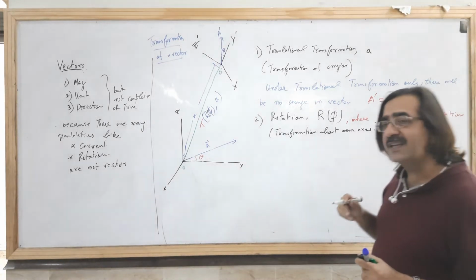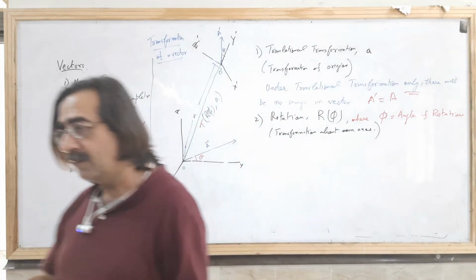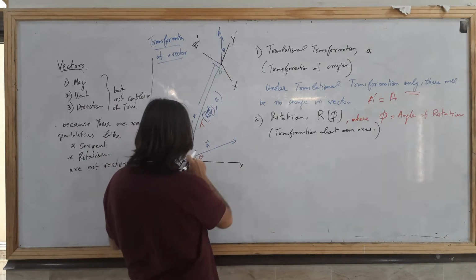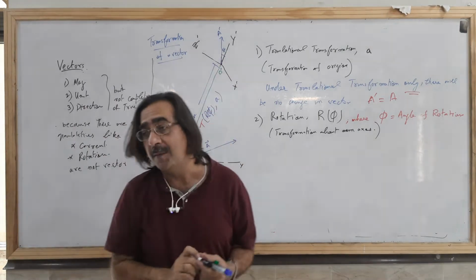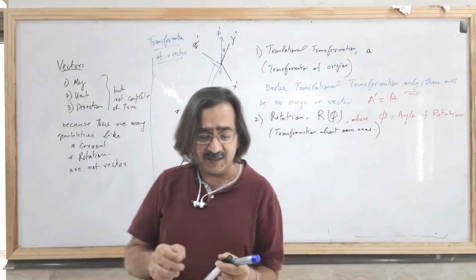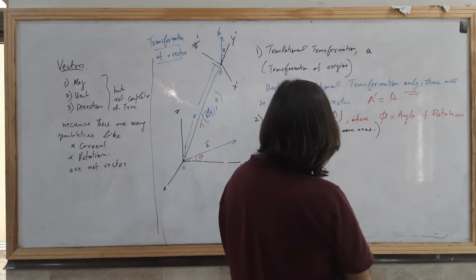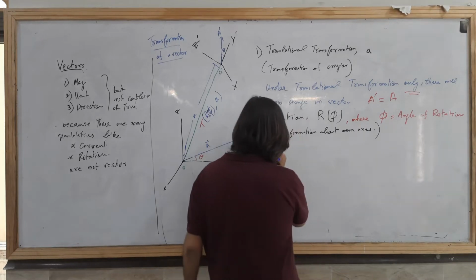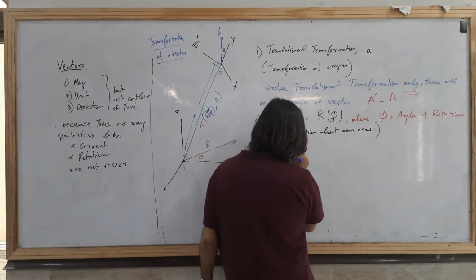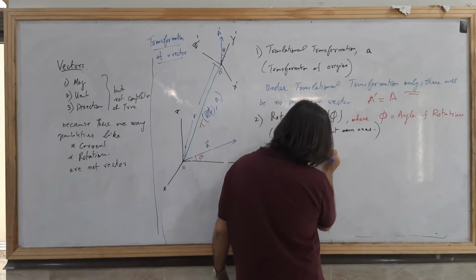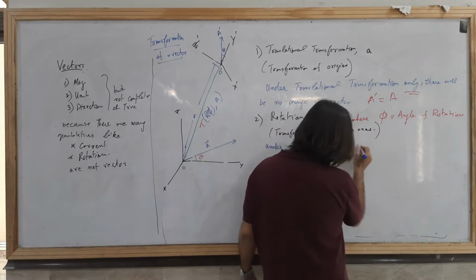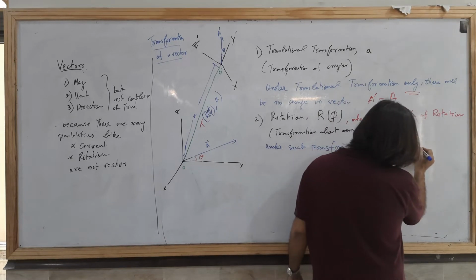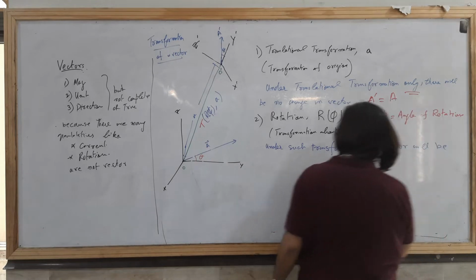that transformation, in that case the vector will be changed. In this case, A will not remain, because if there is a translational transformation, A will not remain the A. That will become A prime. Okay. Under such transformation the vector will be changed.